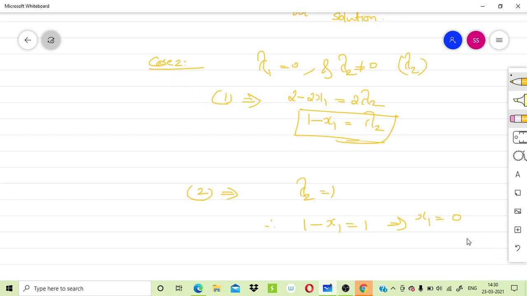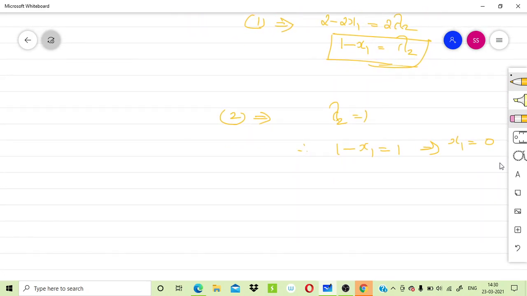And if lambda 2 is not equal to 0, then equation 4 implies 2x1 plus x2 minus 4 equal to 0. So that means 2x1 plus x2 equal to 4.